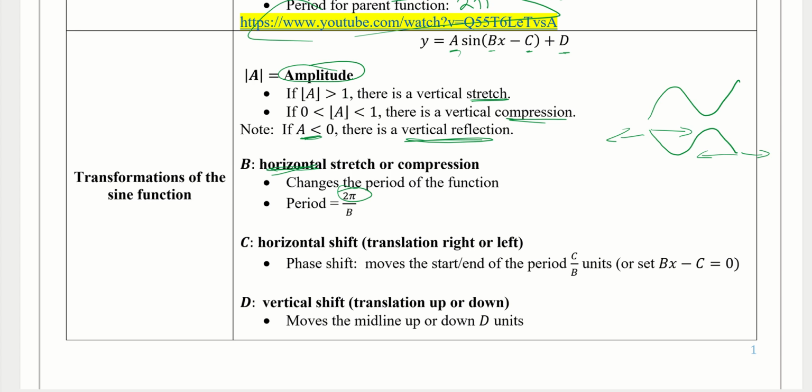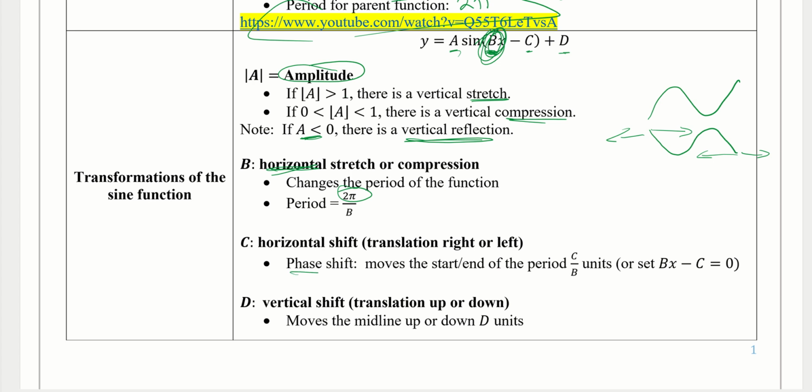This is our typical period, and we just divide it by the b value, the one that's right next to the x. And so that will change the length of the period. It'll make it shorter or longer. You'll notice the pattern that if b is greater than 1, then it's going to shorten my period. If b is between 0 and 1, it's going to lengthen my period.